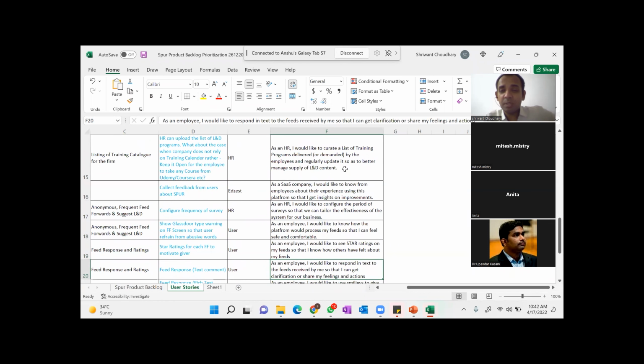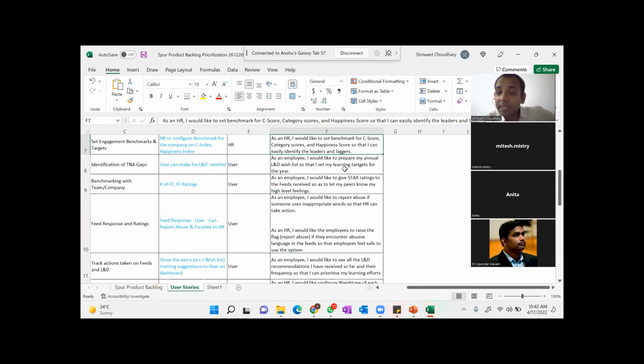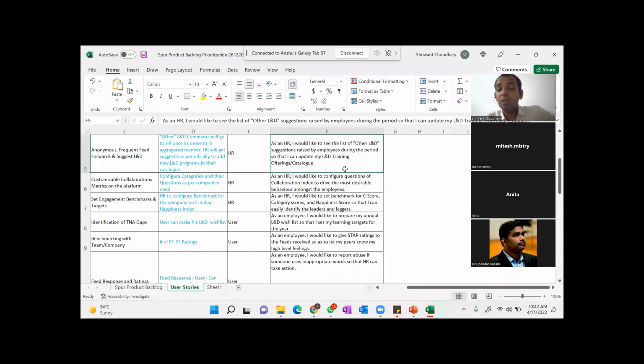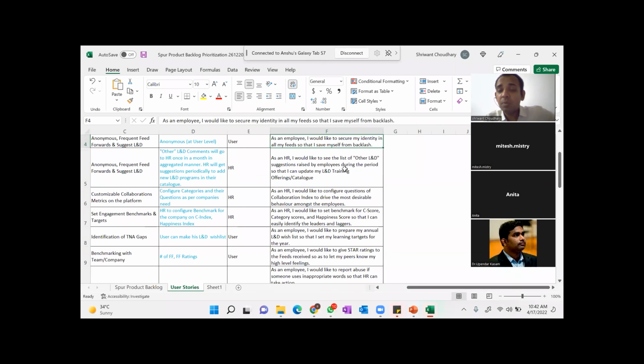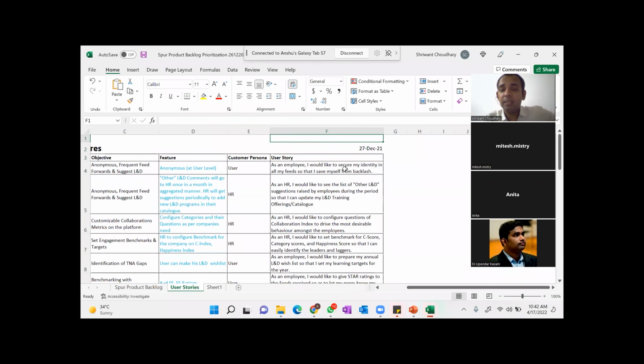Who created these user stories? The team needs to write this user story. Why does the team need to write this user story? Not the customer, not the product owner, not the scrum master. The team needs to write this story. Why? Because it is more of a technical thing.